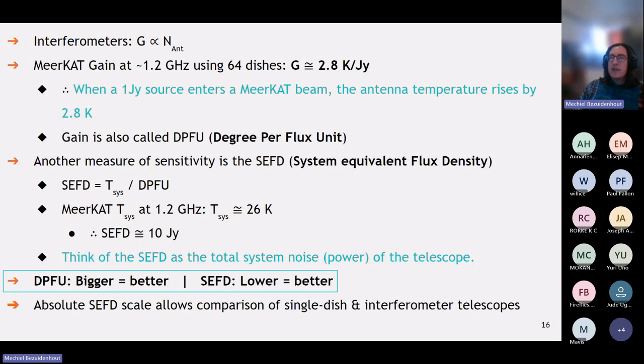And that's also one thing that makes interferometers very forward thinking, because you can keep building new antennas and adding them to the gain to create a more sensitive telescope.